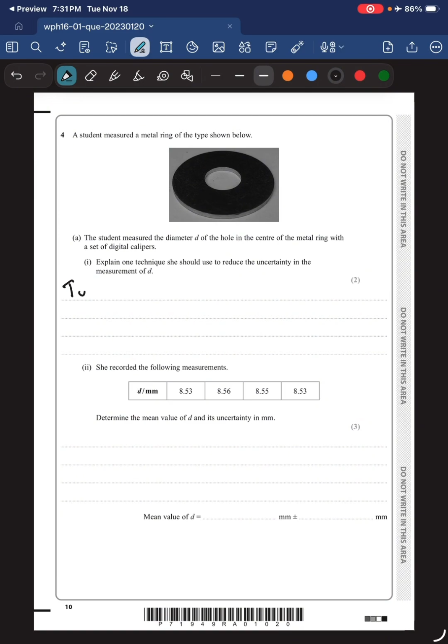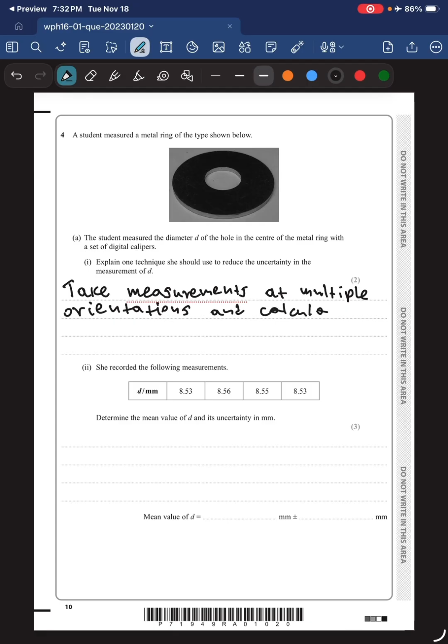So we have to, to avoid the random error pretty much, take measurements at multiple orientations and calculate the mean, to minimize the random error.